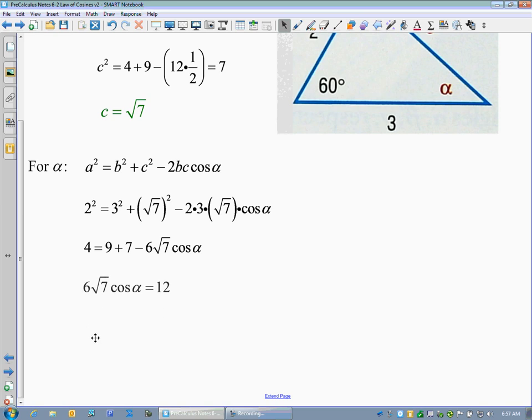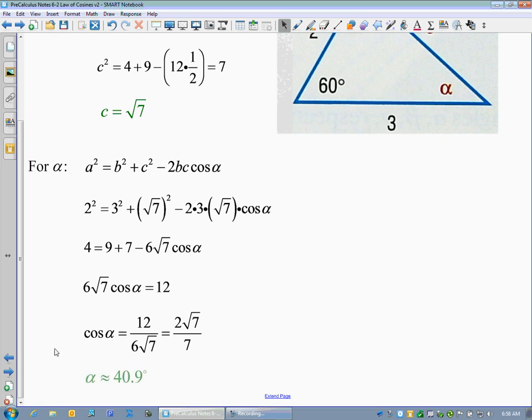And then divide by the coefficient, so we're going to get cosine alpha is 12 over 6 root 7, which we can clean up a little to be 2 root 7 over 7 when we rationalize it. And that is the value of the cosine of alpha. But to find alpha, we need to actually take the arc cosine of both sides, because we are solving for the angle. And if we do that, we're going to find that alpha is approximately 40.9.